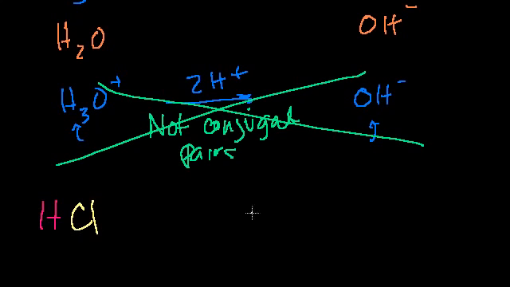It doesn't take its electron with it. So it's just going to be the chlorine negative ion. If I gave you a chlorine negative ion, I said, what's its conjugate acid? You say it's hydrochloric acid. If I gave you hydrochloric acid, I say, what's its conjugate base? You get rid of a hydrogen proton only, and you're left with the chlorine negative ion. You say that's its conjugate base.